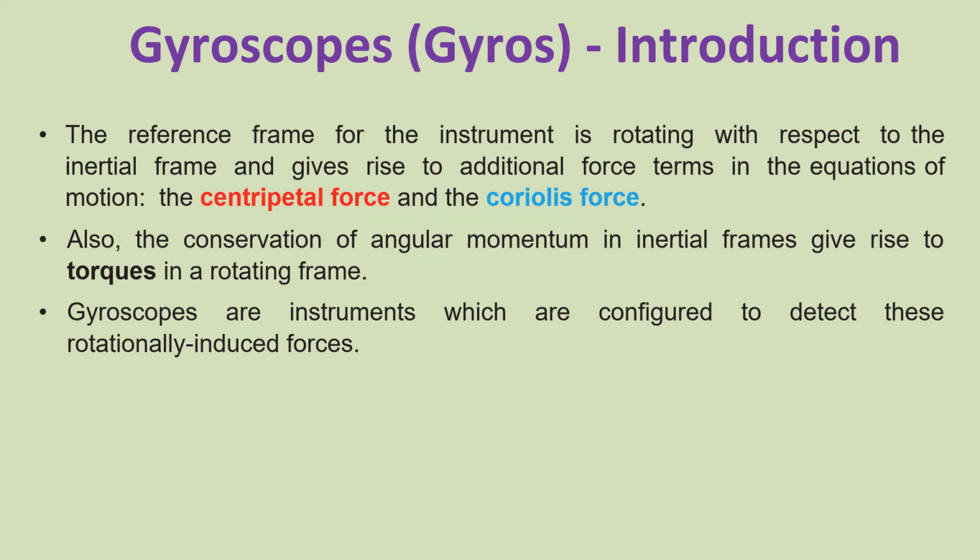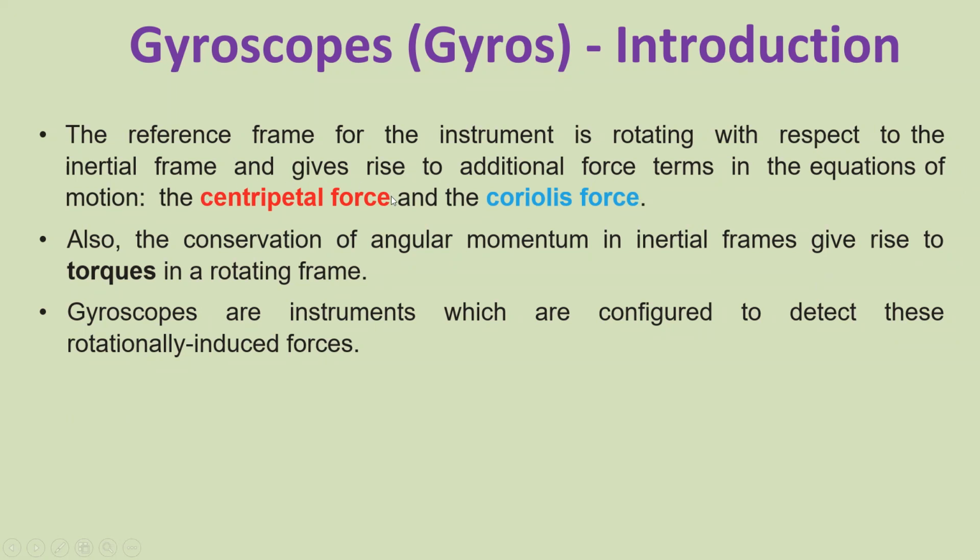So due to the rotation and linear motion: if it is only rotation, it will give an additional force called centripetal force. If it is rotation plus linear velocity, that means an object is rotating and at the same time moving in a linear direction, it will give a new force called Coriolis force.